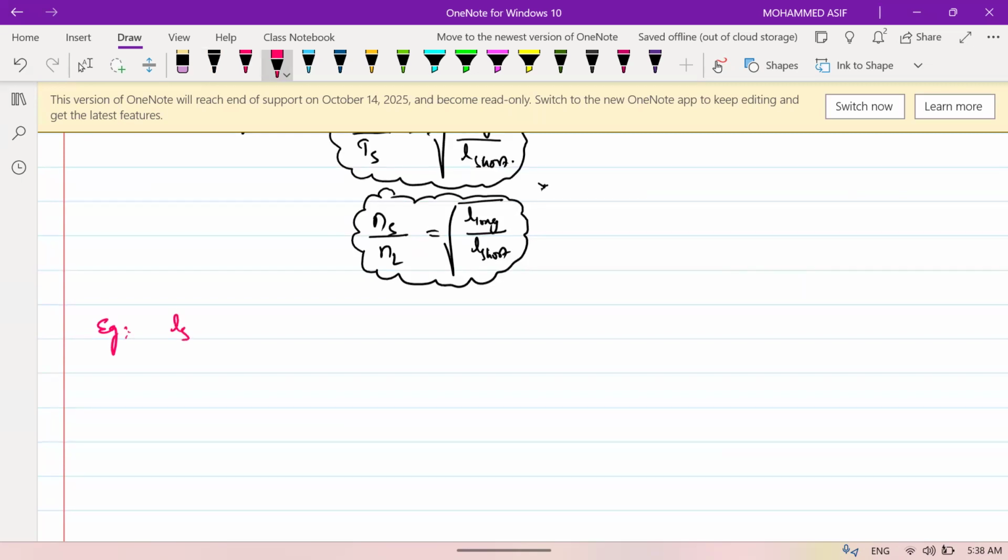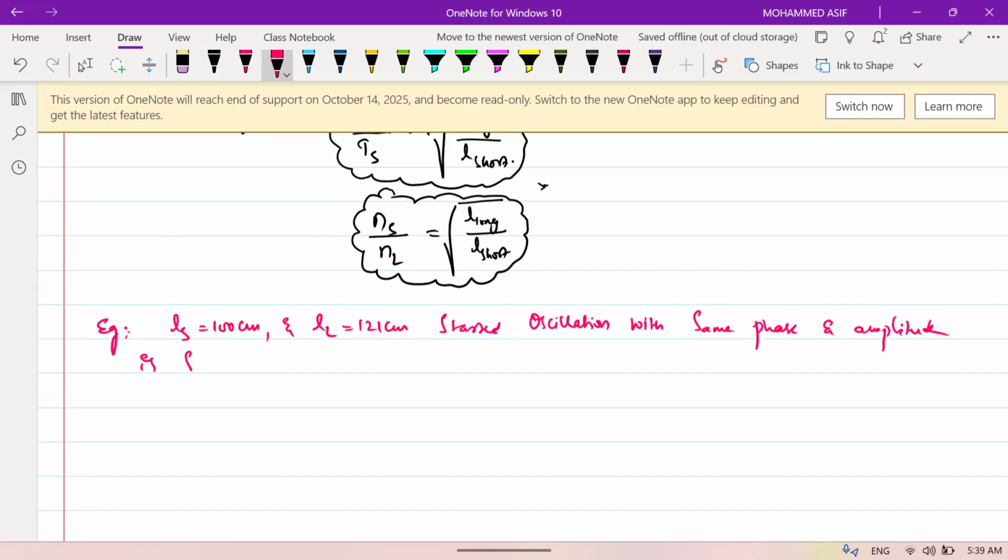Let's say length of the shorter pendulum is 100 centimeter and length of the longer pendulum is 121 centimeter. They started oscillations with the same phase and the same amplitude.